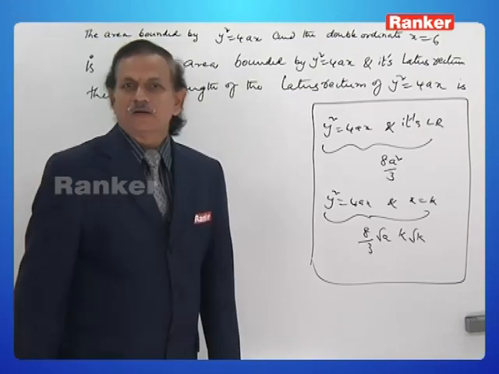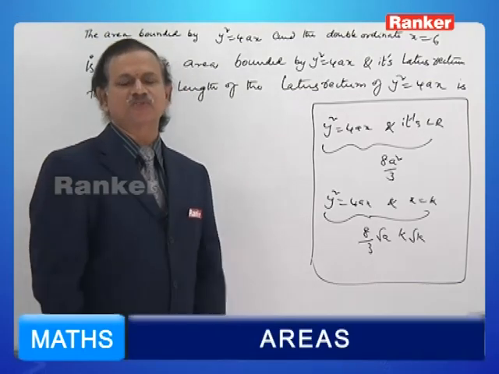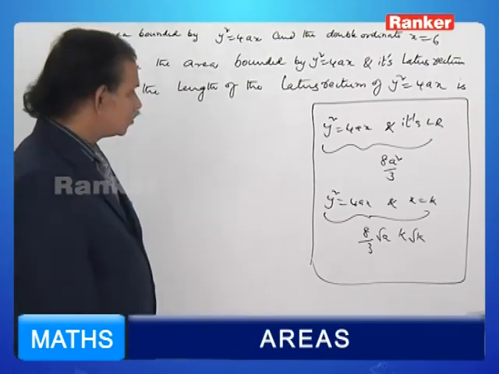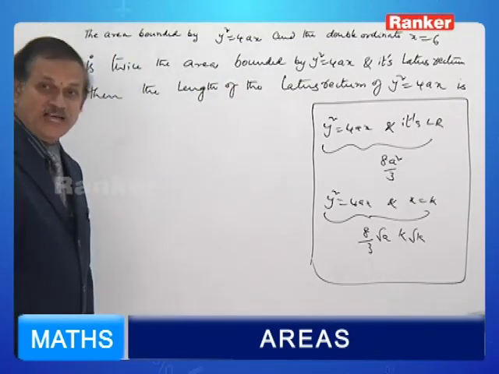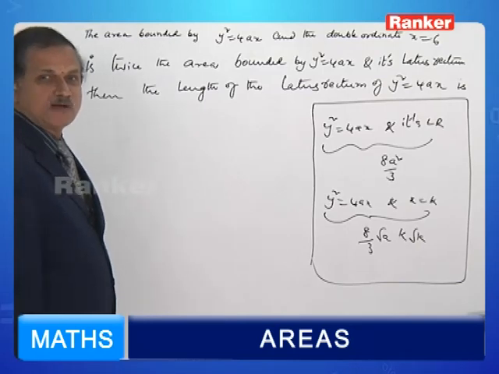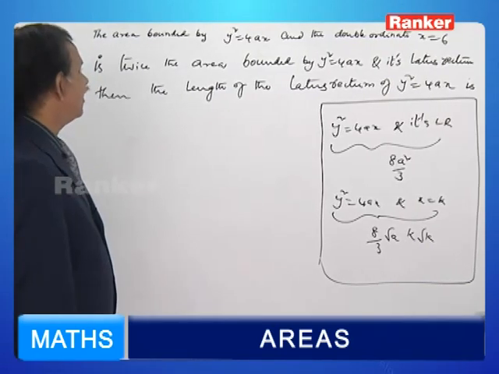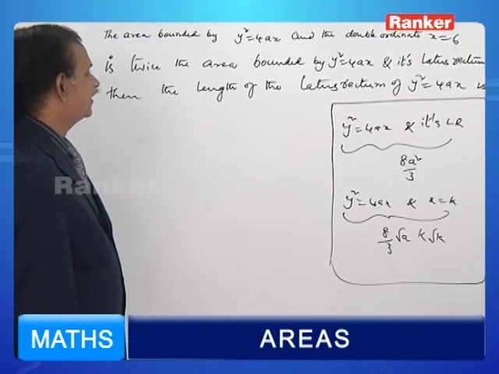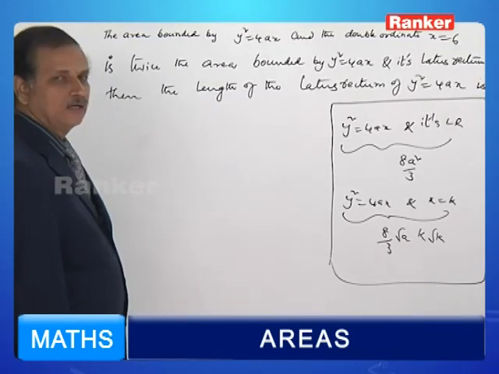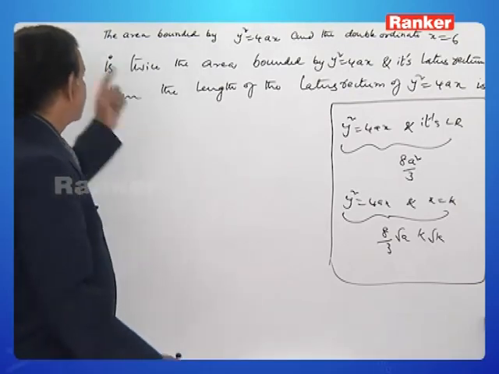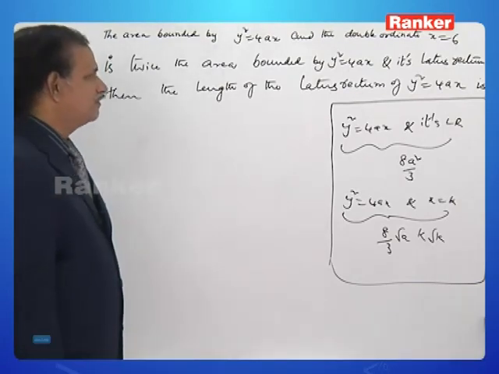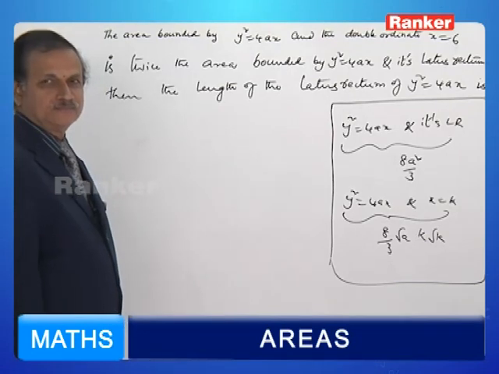We shall now make use of those two results. To have the answer for this question, try to follow the sentences carefully and find the essence of those sentences. The area bounded by y square is equal to 4x and the double ordinate x equal to 6 is twice the area bounded by y square is equal to 4x and its latus rectum.